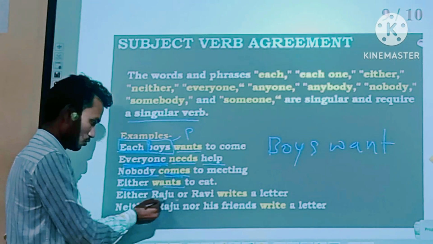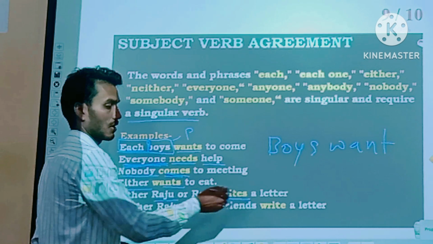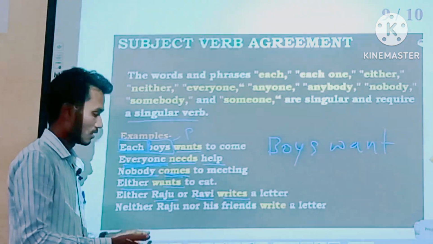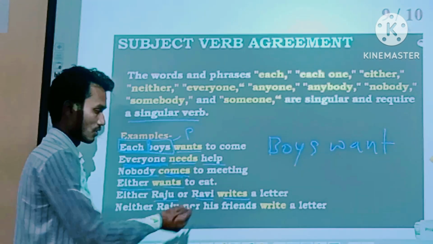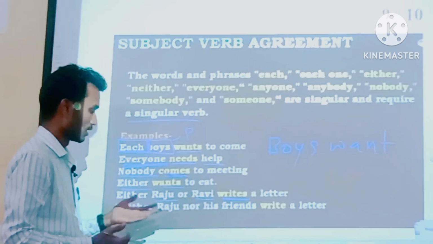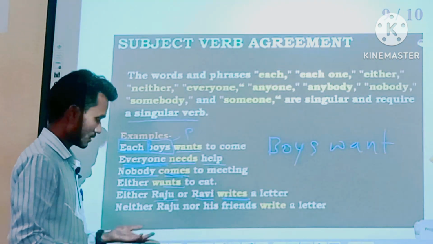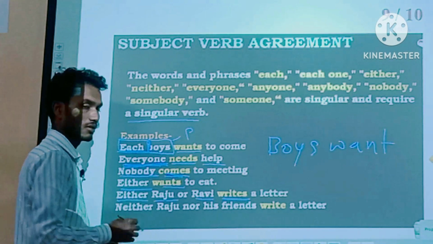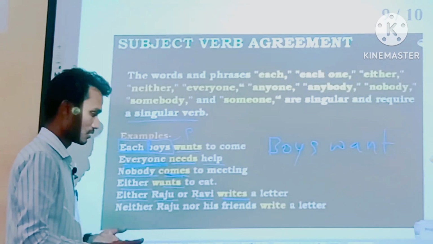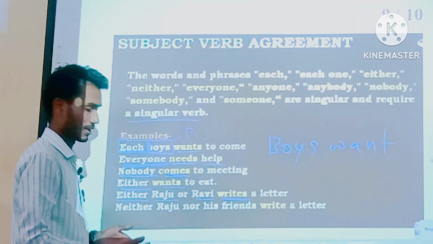Either Raju or Ravi writes a letter. Either Ravi or Raju writes a letter. We don't know who writes a letter, whether Raju writes a letter or Ravi writes a letter. That's why with either, the subject becomes singular. If we use either or in the sentence, the subject becomes singular.